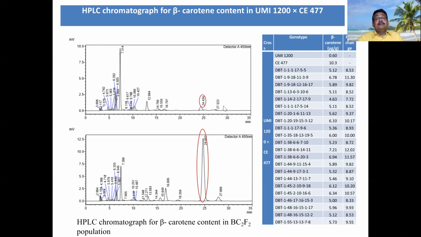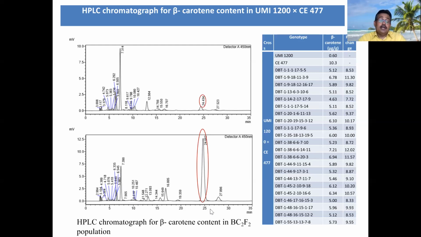For example, this is the parent 1200, which is very much less than 1 ppm. This is the high beta carotene progeny which has around 10 ppm of beta carotene. What it is showing is that the detector detects at 430 nanometer, and when you use the mobile phase and stationary phase, the beta carotene is separated around 25 minutes.